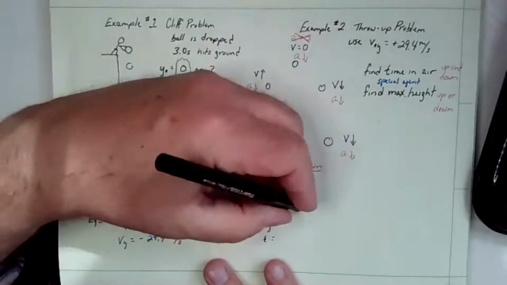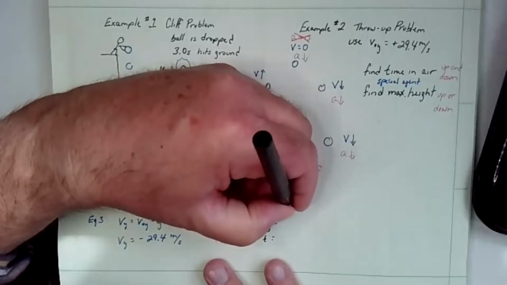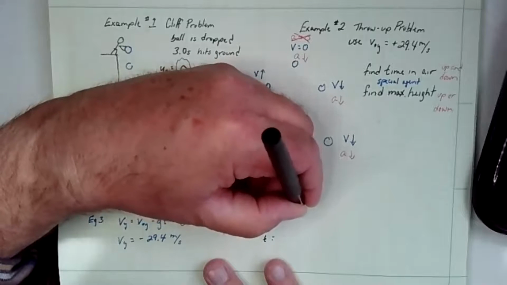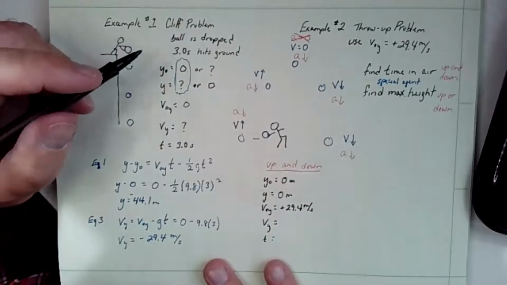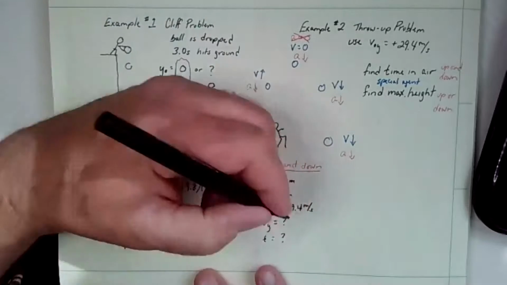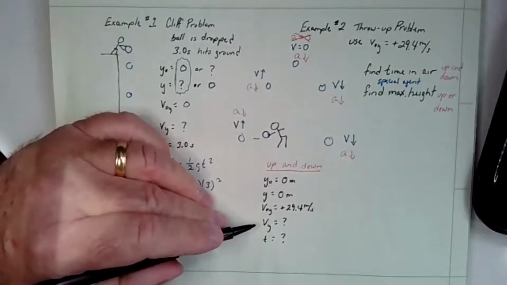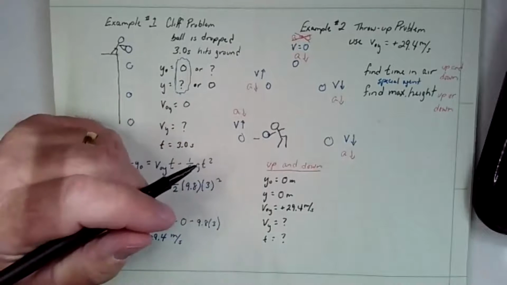And the initial velocity, we said we're going to use the opposite of what we solved for in the last problem, just to draw some parallels. Question mark here and question mark here. So this would be how fast it's going just before it hits the ground. And then this is the time in the air, which we're looking for.